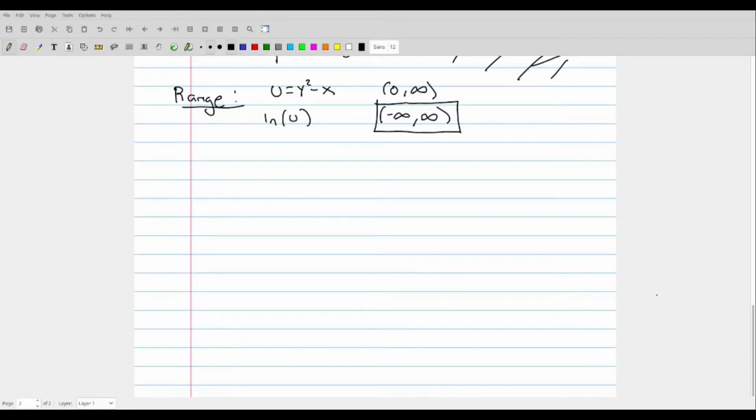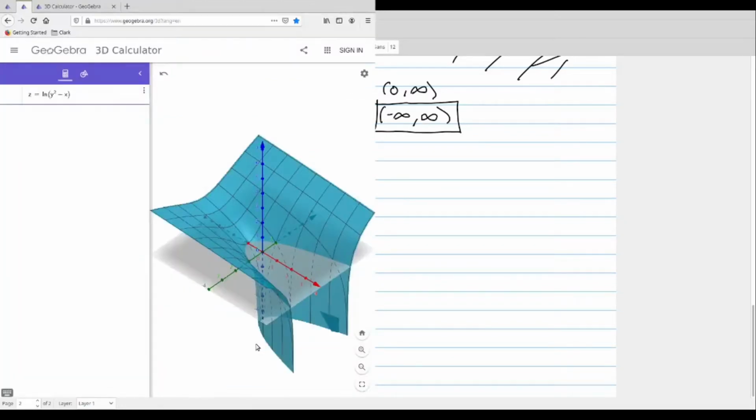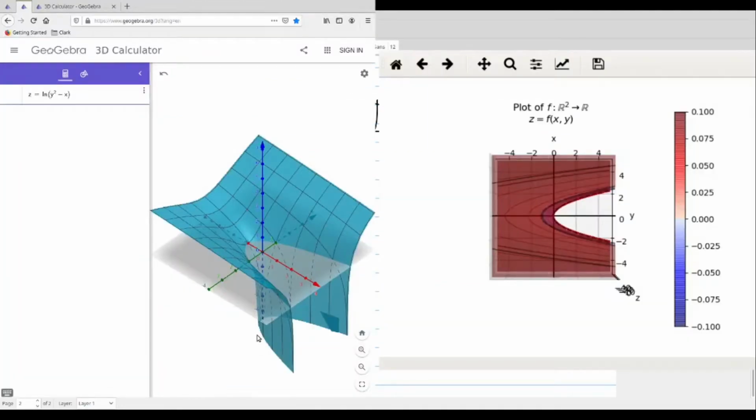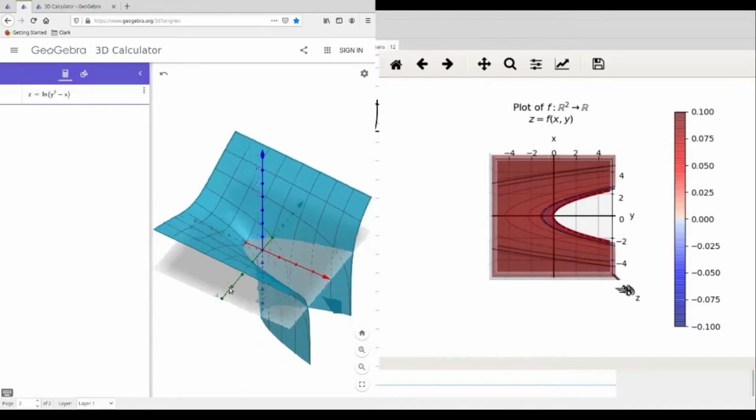And if we open up a visualization, again, I've included two visualizations, one of them being a GeoGebra 3D plot, and one of them being my custom Python code. You can see exactly our calculation of the domain is completely verified.